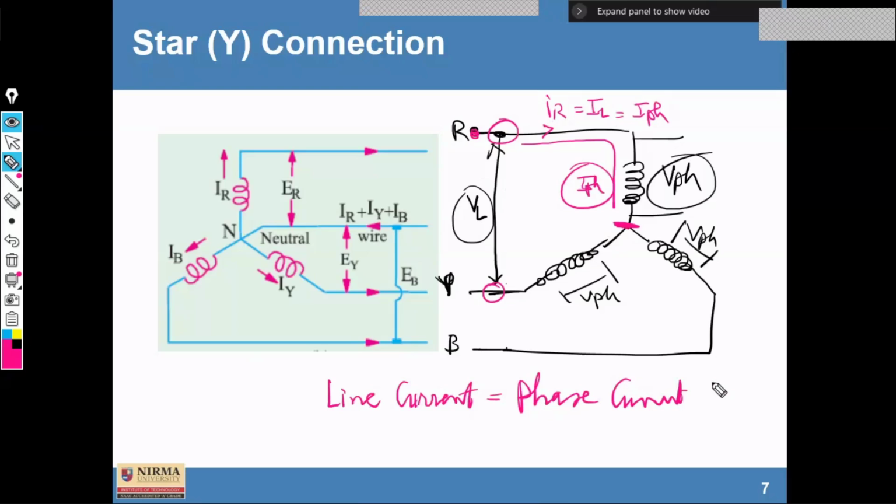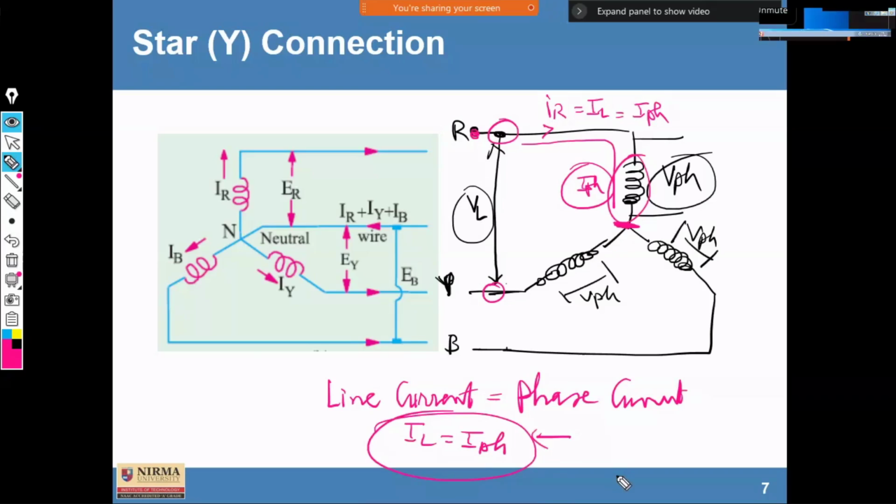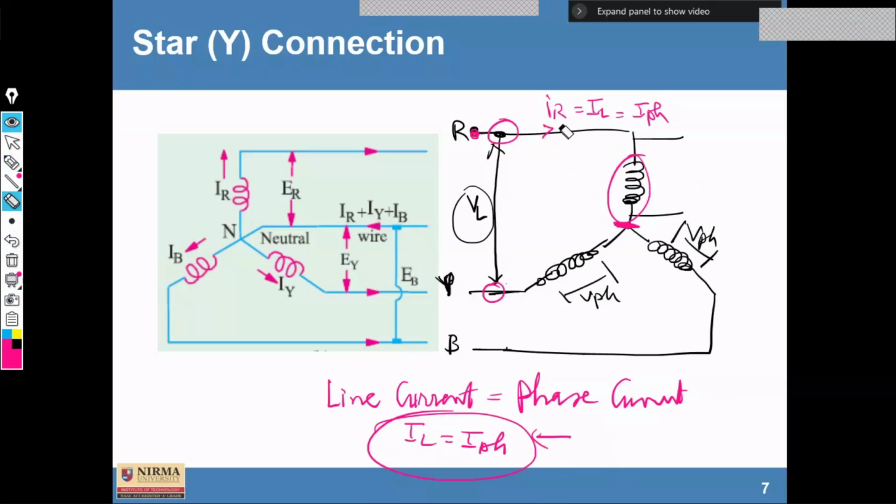The current flowing through the line is line current, and the current flowing through this phase is known as phase current. Clear? This is the simplest way to remember the relationship between the different currents for star connection.